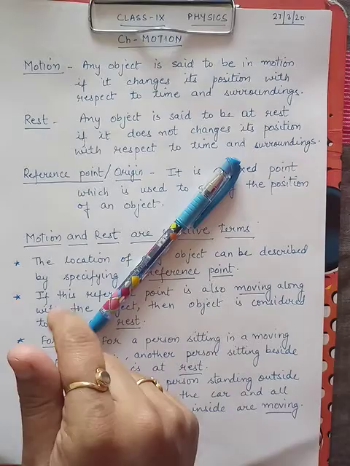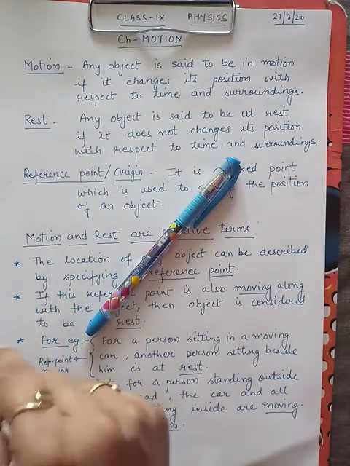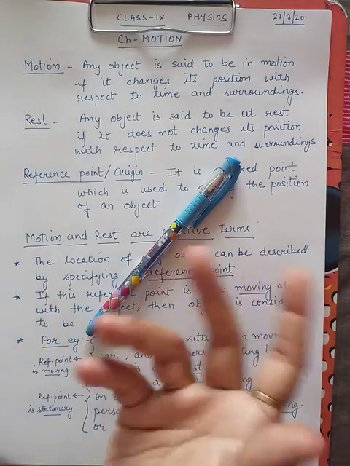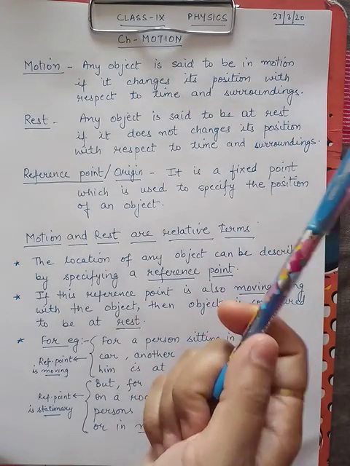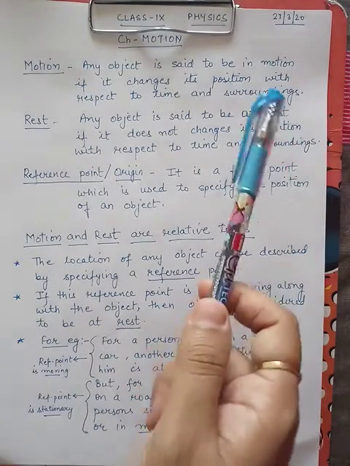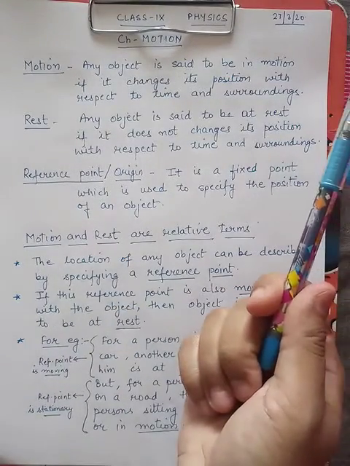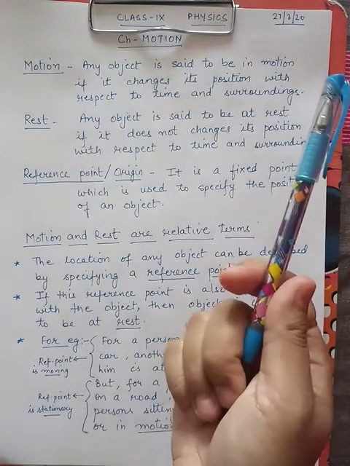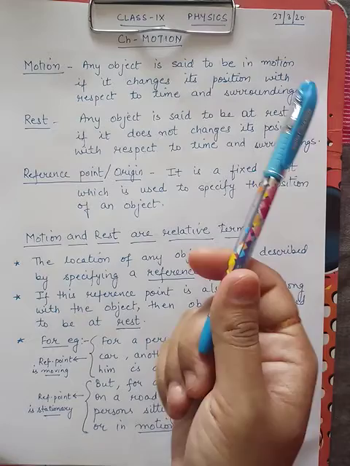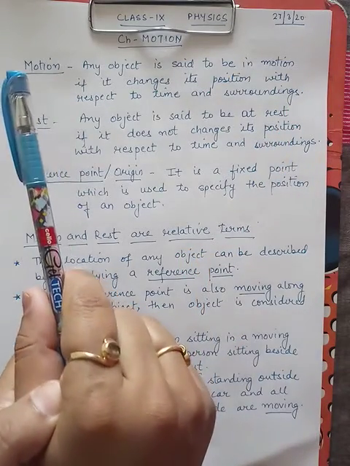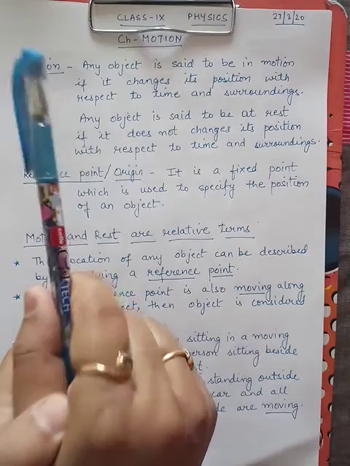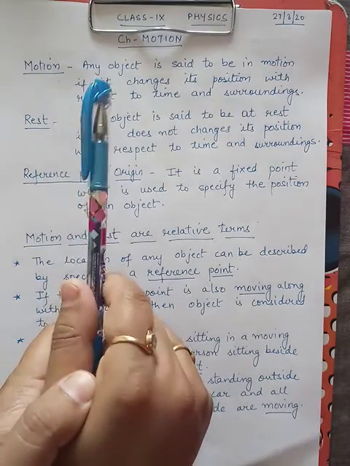But if any person which is not on earth, or we can say outside earth, if I consider the reference point outside the earth, say on moon, if I go on moon and from there I am looking towards any object on the earth, then I will say that object is in moving.